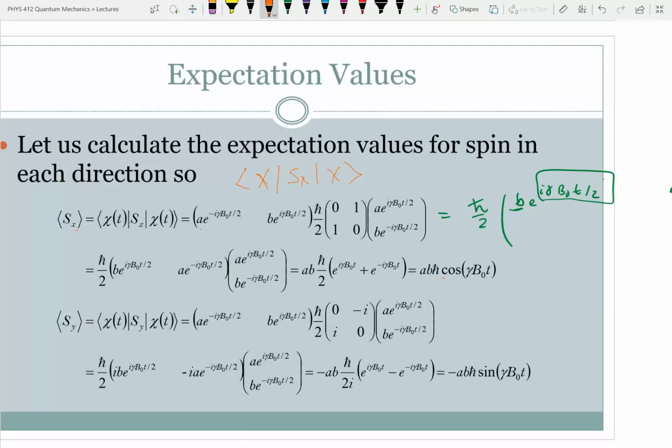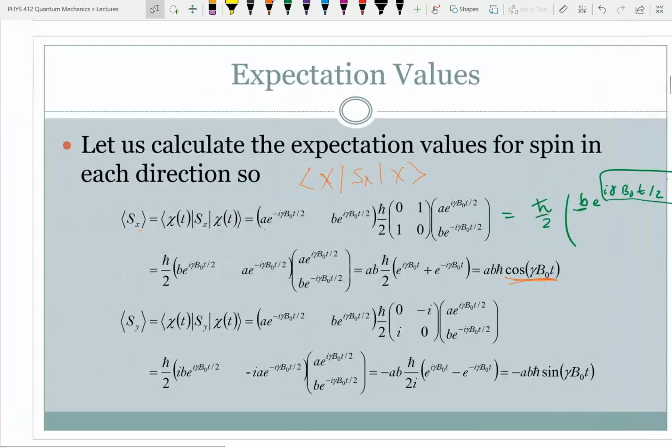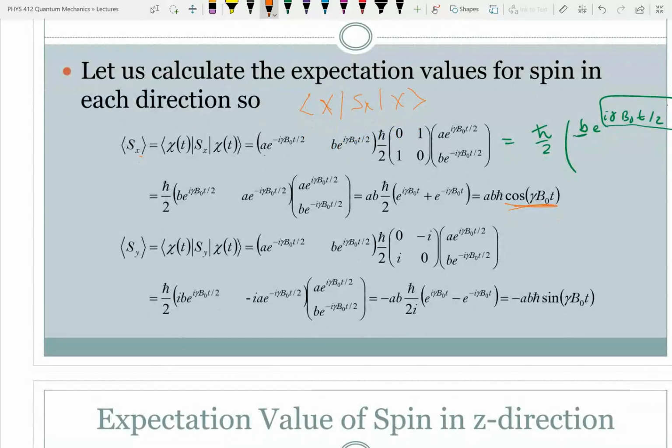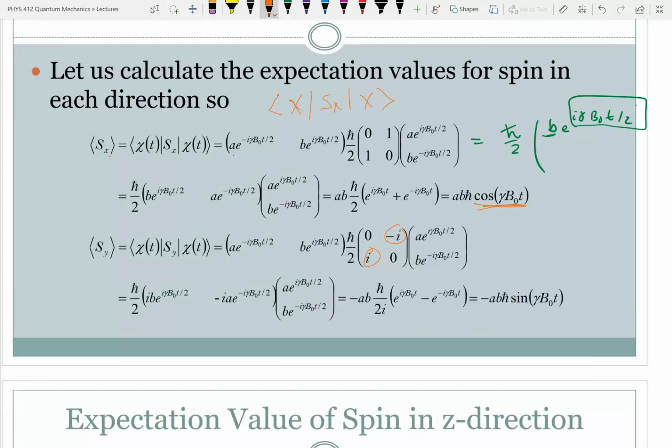So I'm going to have my x component varies as cosine. If I do the y component, I just change it from S sub x to S sub y, which introduces the i's and the opposite sign for the i's. Without going through all the work, you can see it's going to be very symmetrical.